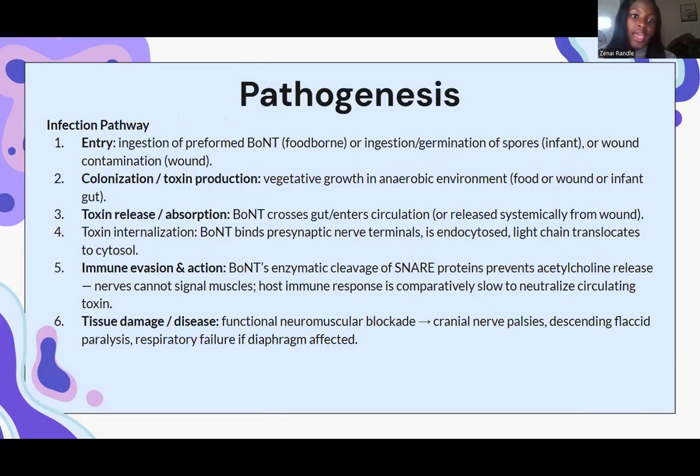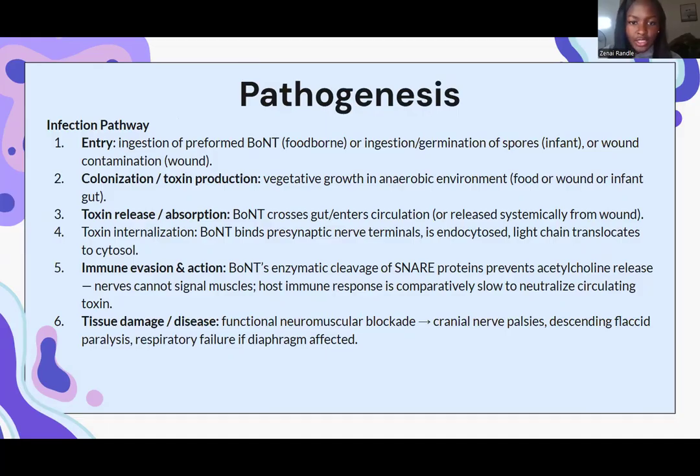Infection pathway entry is ingestion or germination of spores, or wound contamination. Colonization or production is vegetative growth in anaerobic environments. It is released, crossing guts or entering circulation, binding presynaptic nerve terminals, endocytosed, and translocated to the cytosol.